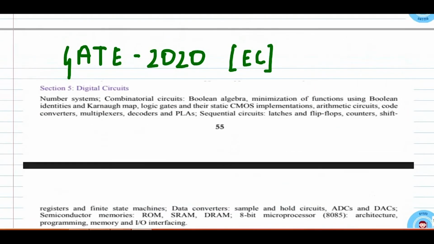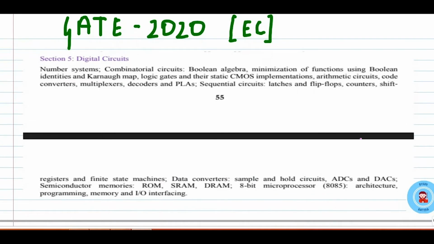This is what we had as the syllabus of GATE 2020 EC for digital electronics. There is a chapter called number system, and number system and combinational circuit were the two chapters covered up to here.